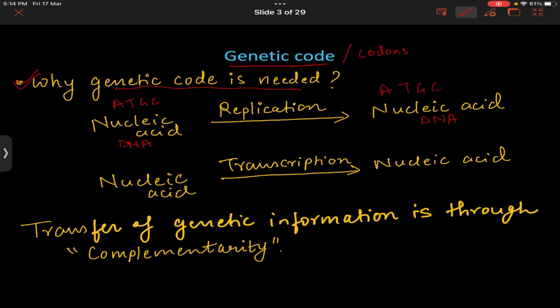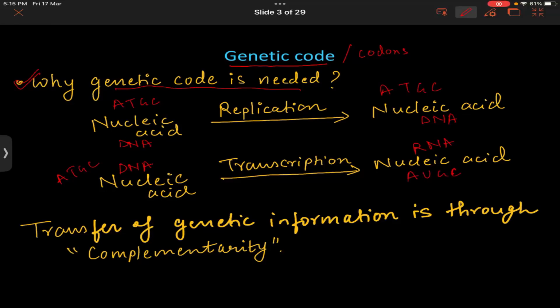So here we can simply use the complementary base pairing rule, right? And get a copied DNA molecule. Same with transcription as well. Here also a segment of nucleic acid, DNA, right? Whose language is again in the form of ATGC. It gets transcribed, okay, to form an RNA molecule. Here the only difference is there is U instead of T. So in RNA there is AUGC.